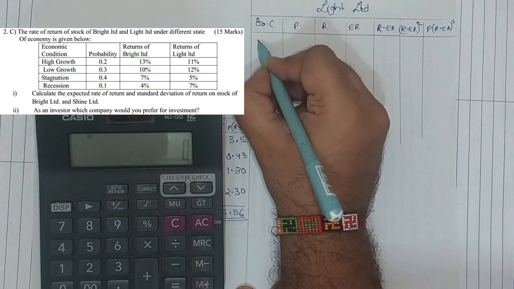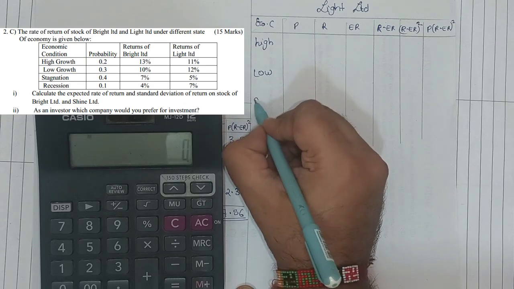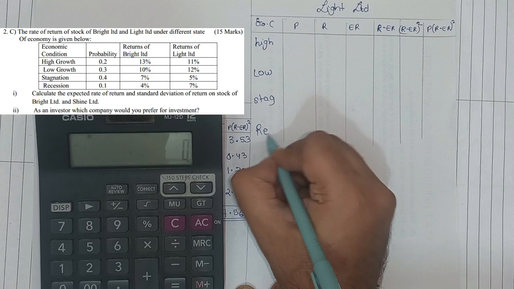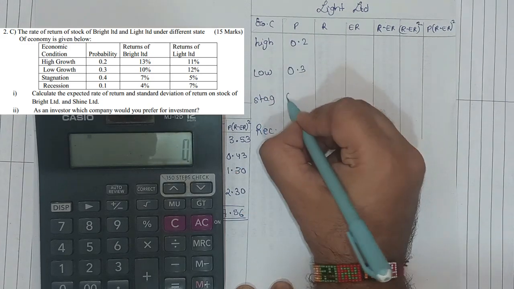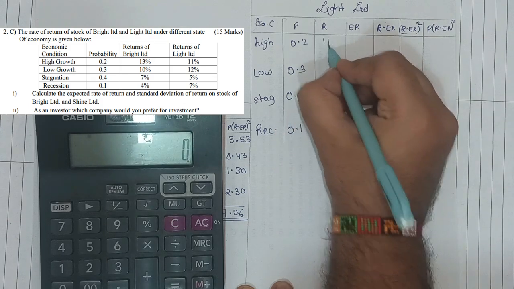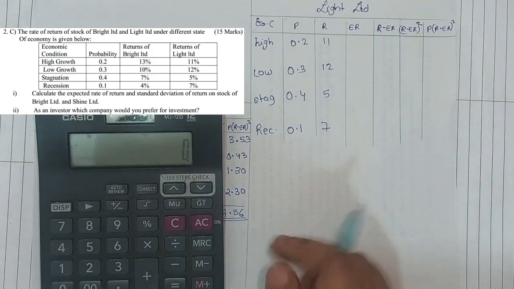We have high growth, low growth, stagnation, and recession. Probability is 0.2, 0.3, 0.4 and 0.1. The returns are 11, 12, 5 and 7.